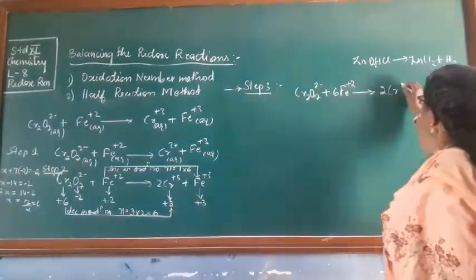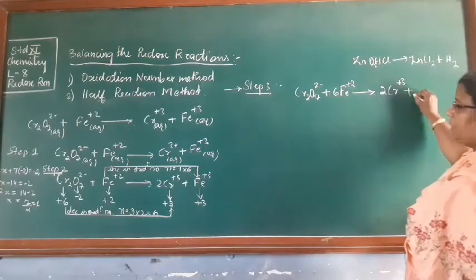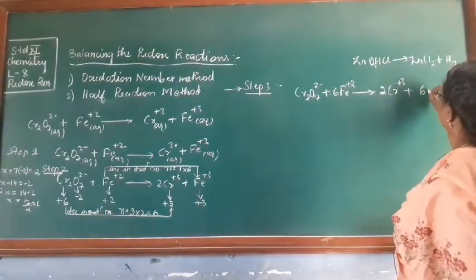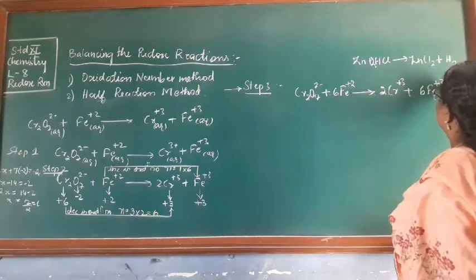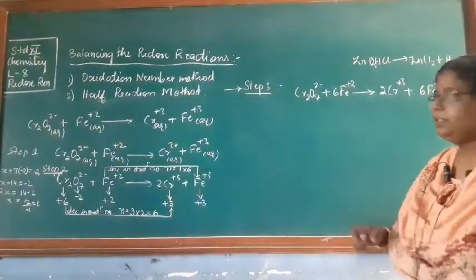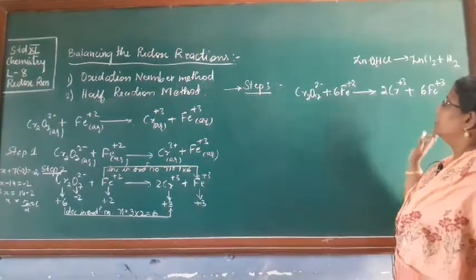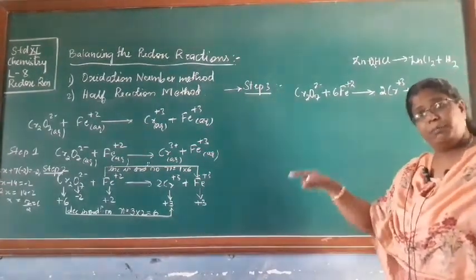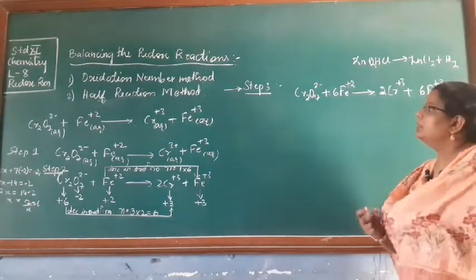So you will keep it as 2 Cr plus 3 plus, what is the next thing? Next you will observe 6 Fe plus 3. Is that clear? So we have balanced the increase in oxidation number and decrease in oxidation number.